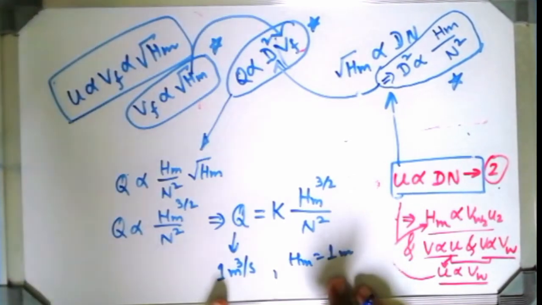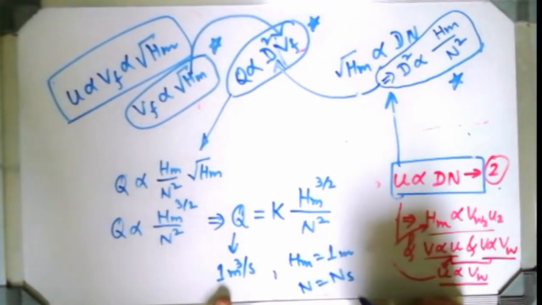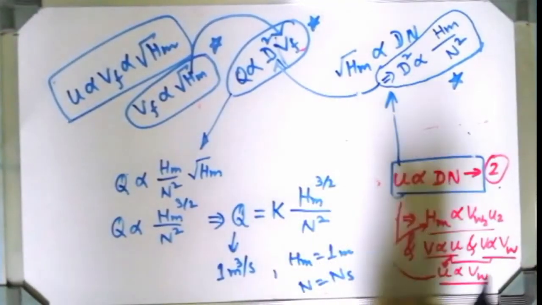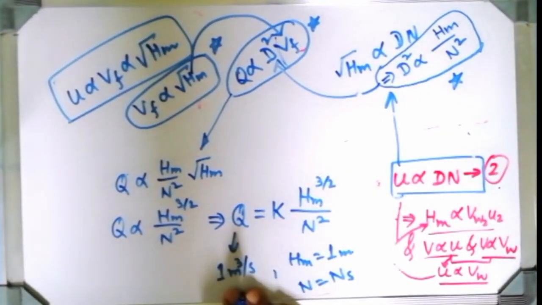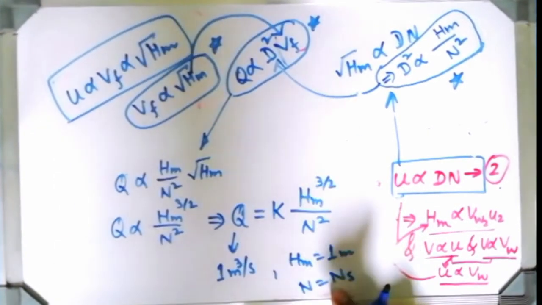If these conditions are met, then the speed will be the specific speed, isn't it? If we have 1 cubic meter delivery for 1 second for unit head generation, then that speed will be known as specific speed.